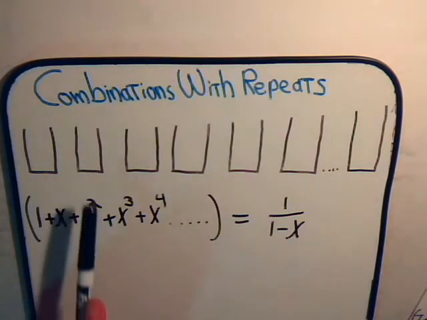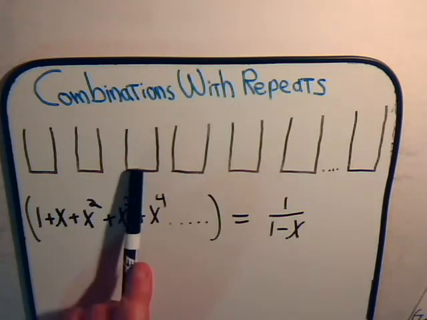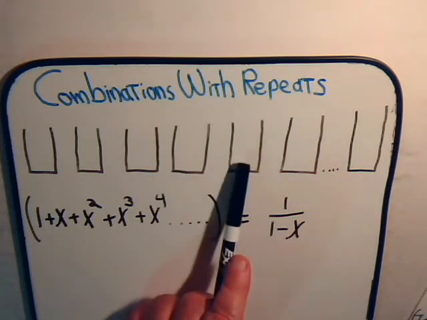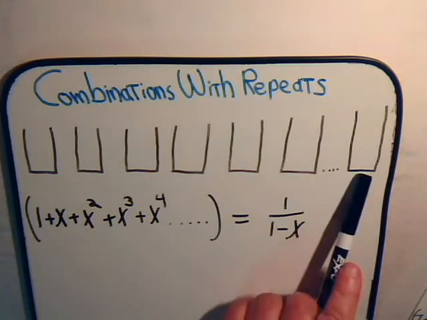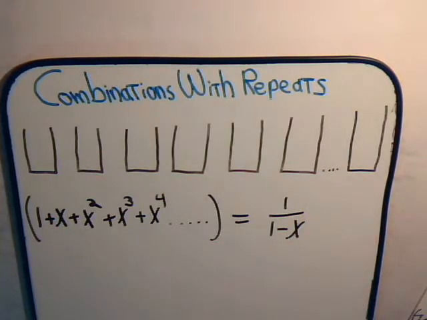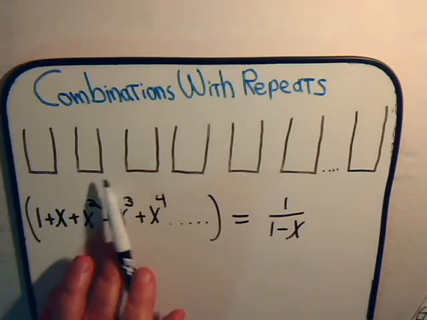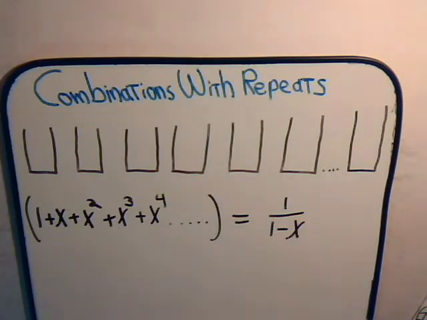Well, it's the same situation for this crate, for this crate, for this crate, for this one, all the way on out to the nth crate. And as we noted in the previous videos, if we want to consider all the crates together, and we want to say, well, of these n crates, we want to make k selections, then first of all these individual generating functions get multiplied together.